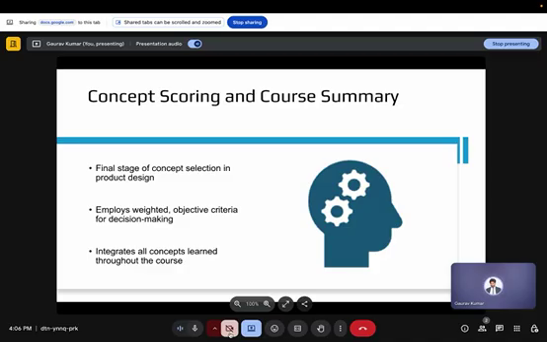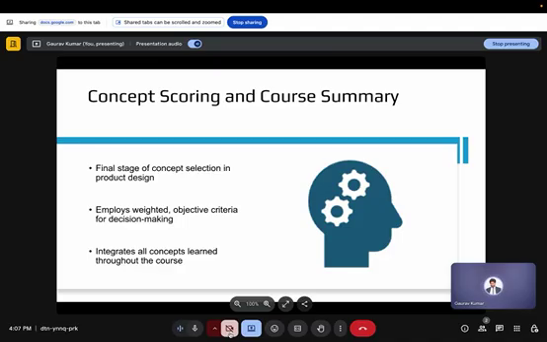So concept scoring employs a weighted systematic approach where each design criterion is objectively measured and compared. Unlike intuitive selection, it relies on quantifiable evidence to justify design decisions. This rigor ensures transparency, fairness, and predictability in professional design practice.